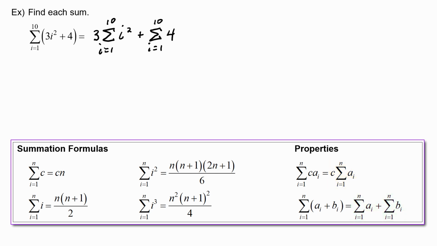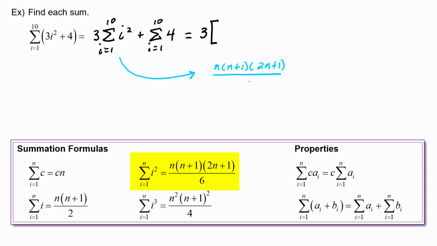Now be very careful to notice that the 3 only multiplies this first sum, because in the original problem the 3 only multiplied the i squared. So we will have 3 times, and we have to look to our summation formulas. We know that summing over i squared means we will be doing n times n plus 1 times 2n plus 1 over 6.